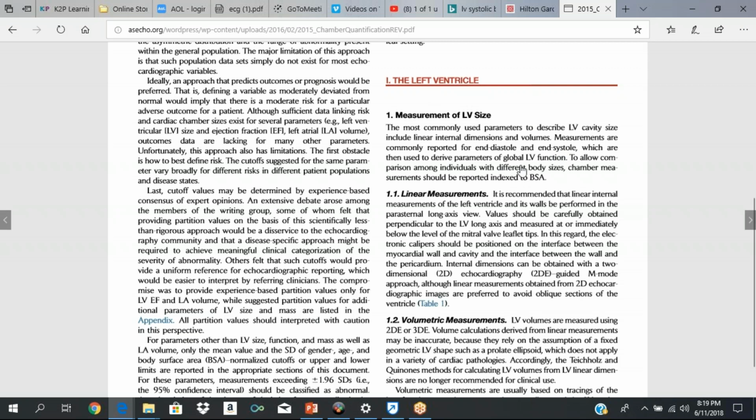So we can use those and derive global LV function. Remember, we have our linear measurements where we do fractional shortening.